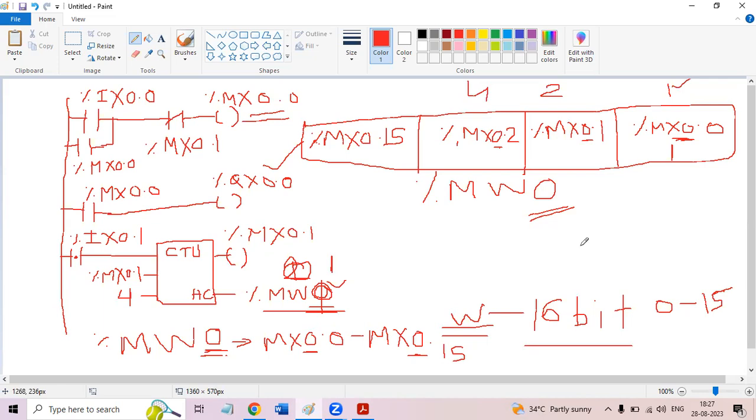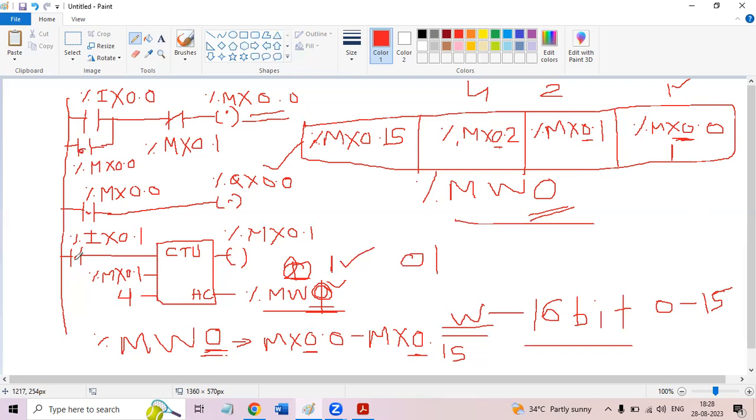Binary of decimal value 1 is 0, 0, 1. Which flag got on? Percentage MX 0.0. So automatically it will get on. You have not pressed I0, but it will be on, and your output will get on. And you won't understand what's going on. Actually, it is because in the word you have sent some value.